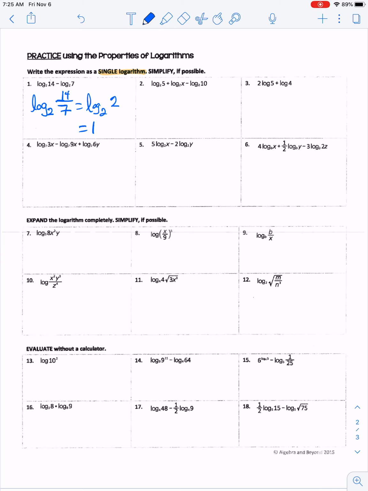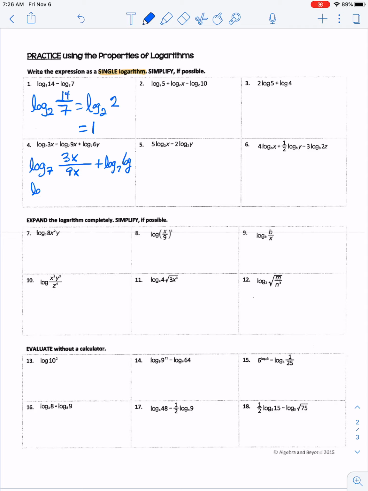Let's take a look at this next one. We have all base 7s, going down here to number 4. As a single log, we could say log base 7 of 3x over 9x, plus log base 7 of 6y. Then we could simplify a little bit.